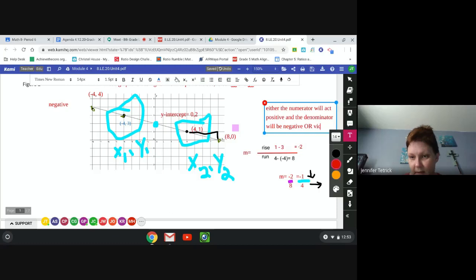Or vice versa, which means that it's opposite. Okay? So just kind of keep that in mind as well.